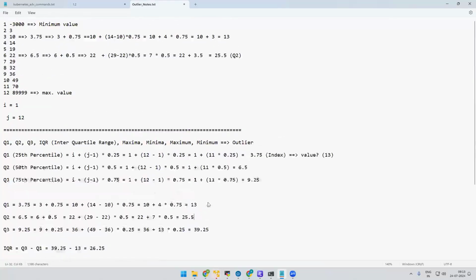The same way, someone like Naren, calculate 9.25.